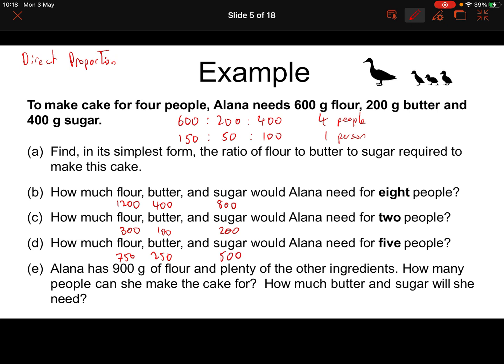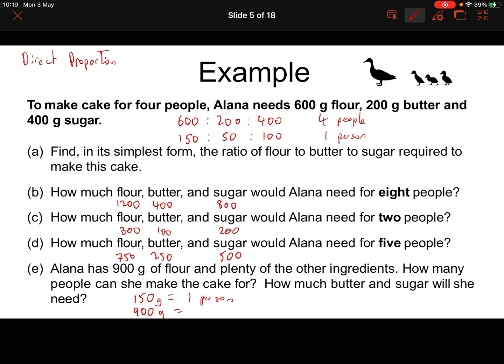Right, now Alana has 900 grams of flour and plenty of the other ingredients. How many people can she make the cake for? So what I know is I've got to look at 150 grams of flour is required for one person. So how many people can I make for with 900 grams of flour? Well, 900 divided by 150 is equal to 6.